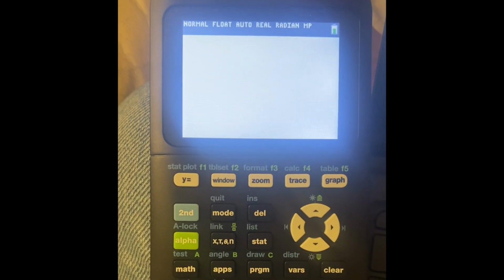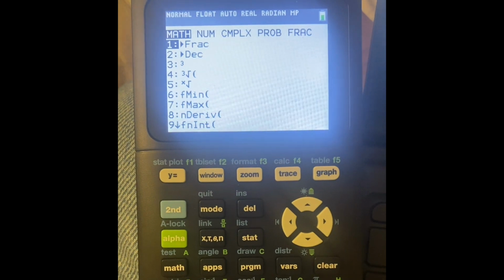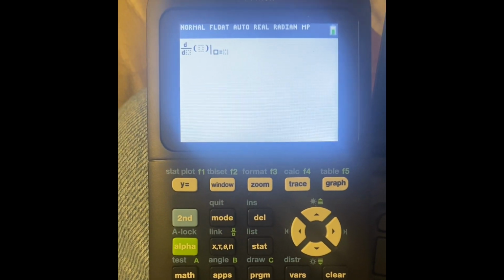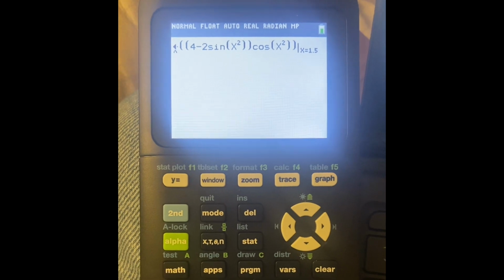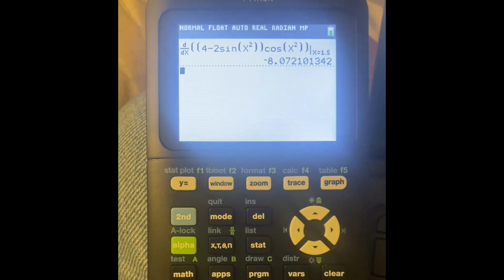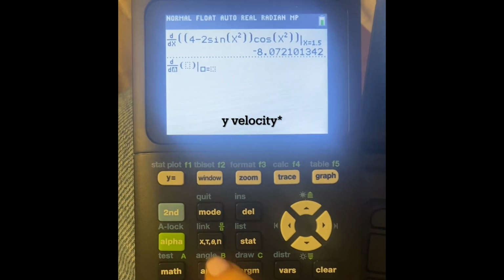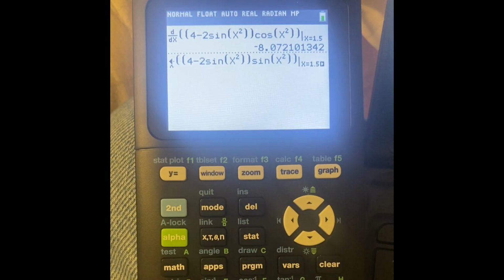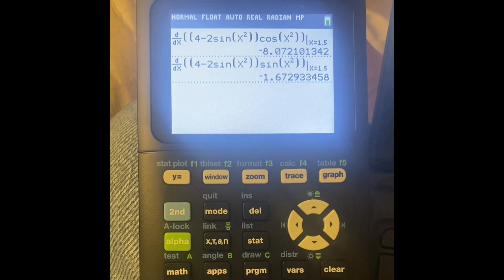Here at the calculator, to find the derivative of a function, you go to math and number 8, which is the nth derivative. And here you can input your function, and then at 1.5, click enter, and that will be our x-coordinate. You can do the same thing for the y-coordinate. At 1.5, click enter, and that will be the y-coordinate.